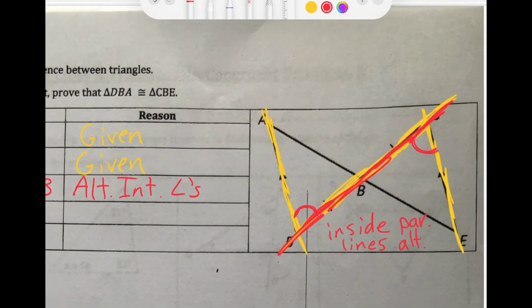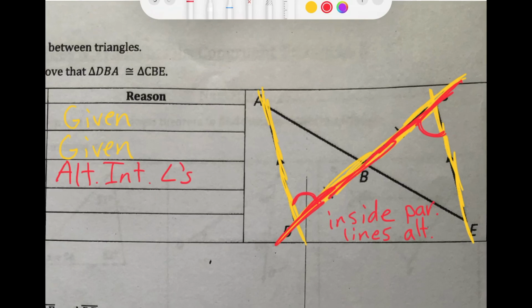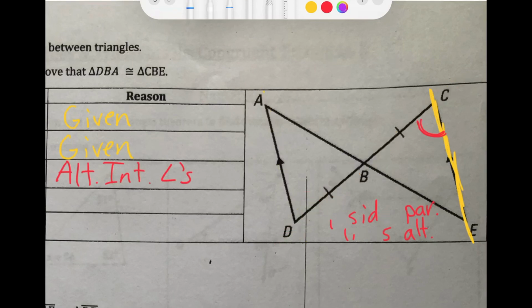Now, is there another set of angles that we can identify? Yes. So we can identify the fact that these two angles are vertical. If they are vertical angles, are they congruent or supplementary?